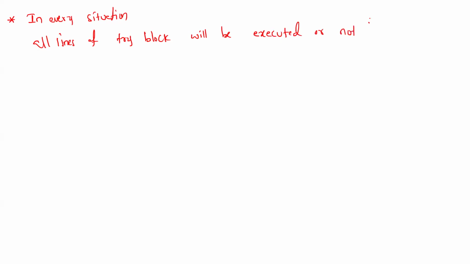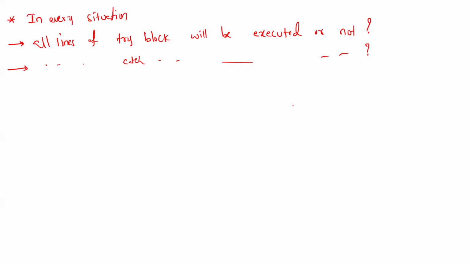I mean, whether an exception occurs from try or doesn't occur, in all such scenarios. And will all the lines of the catch block be executed or not is the second question. I'm not saying one line of the try block, I'm saying all lines of the try block.